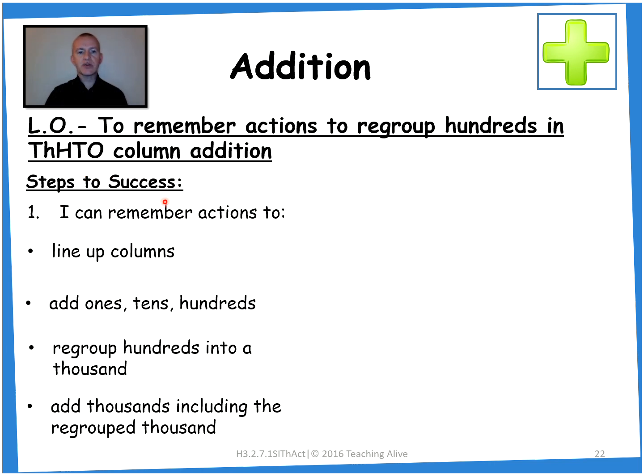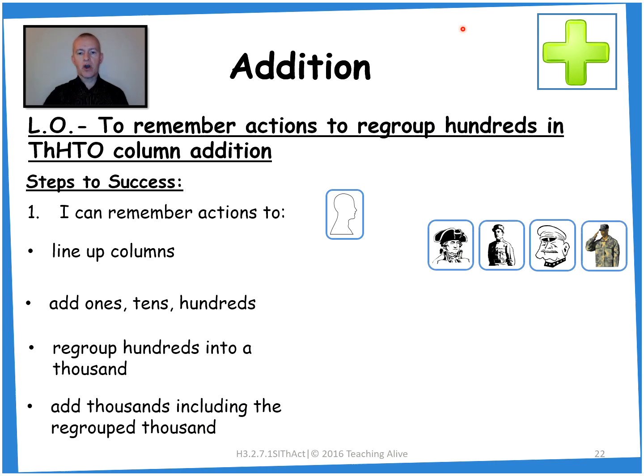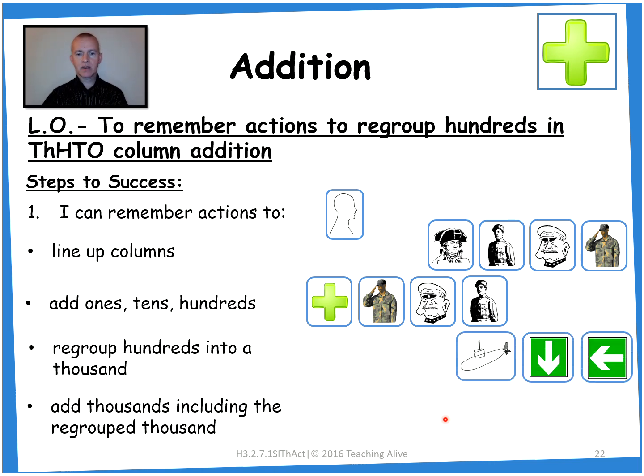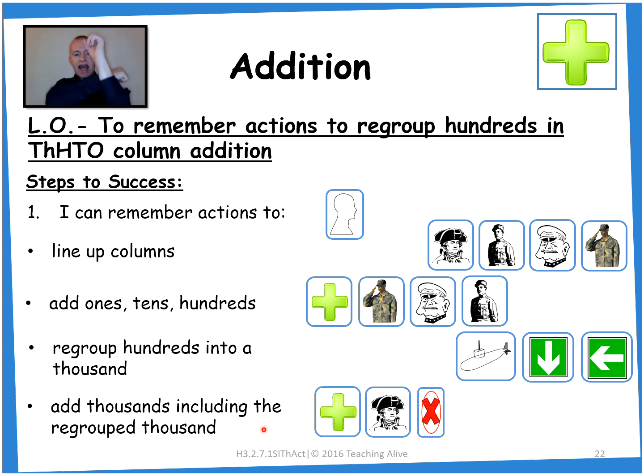Our steps to success we can hopefully say at the end of this video are: number 1, I can remember actions to line up columns, to add ones, tens, and hundreds, to regroup hundreds into 1,000, and to add thousands, including the regrouped 1,000.